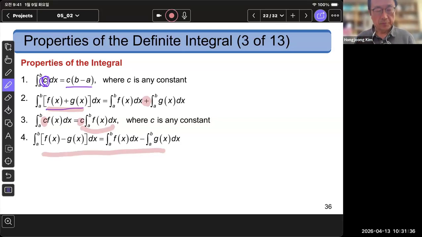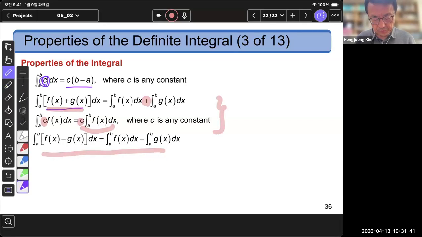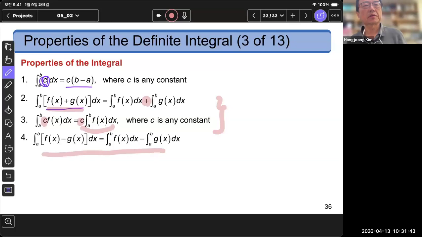These two properties say you may consider the addition of two functions first, and then integrate it, or you can integrate those functions separately and then add the values.